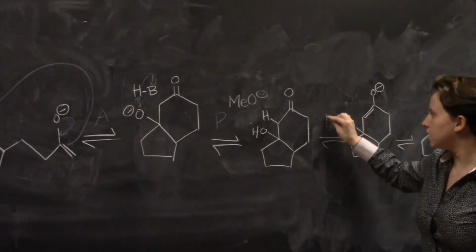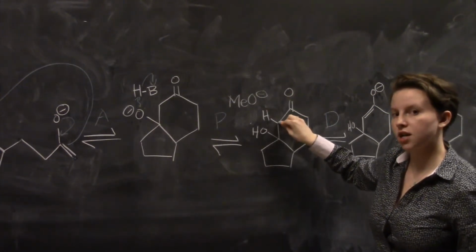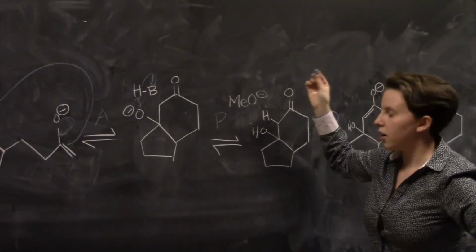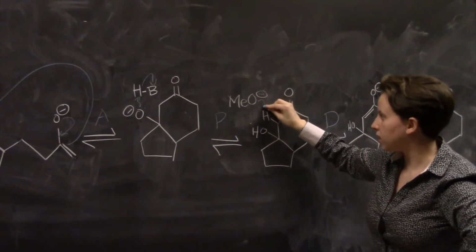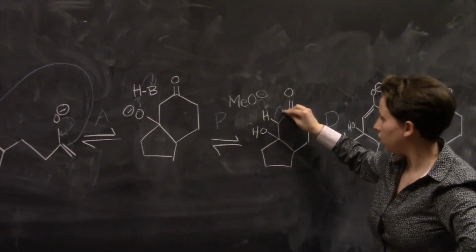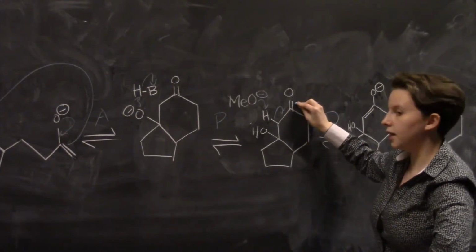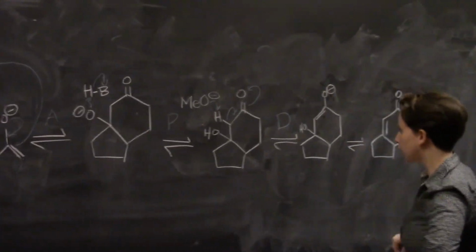At this point, we can do a deprotonation of this hydrogen right here because it is pretty darn acidic. So in this case, a base, specifically O-methyl minus, will take this hydrogen, allow the electrons from the hydrogen to form a double bond, and the electrons from the carbonyl to move on to the oxygen.